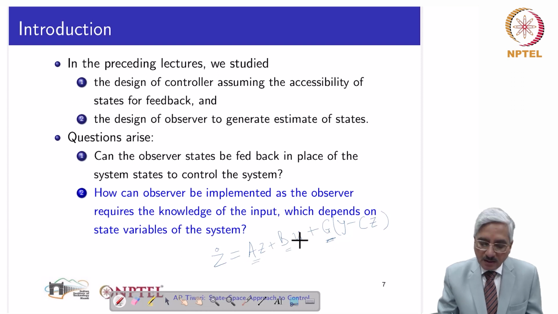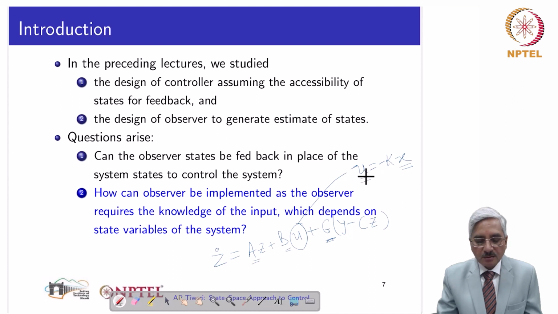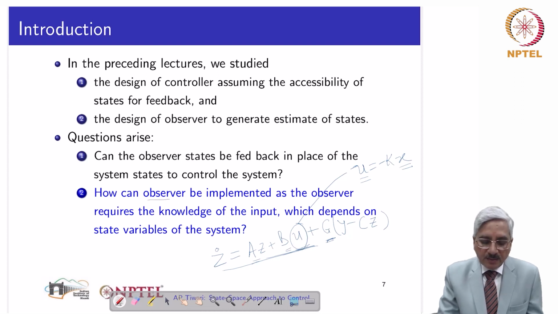Now what we see is that this u, which we wanted to bring through u equal to minus Kx, x is not known. So how is u known? And this equation requires the knowledge of u. So how is the observer implementation possible?